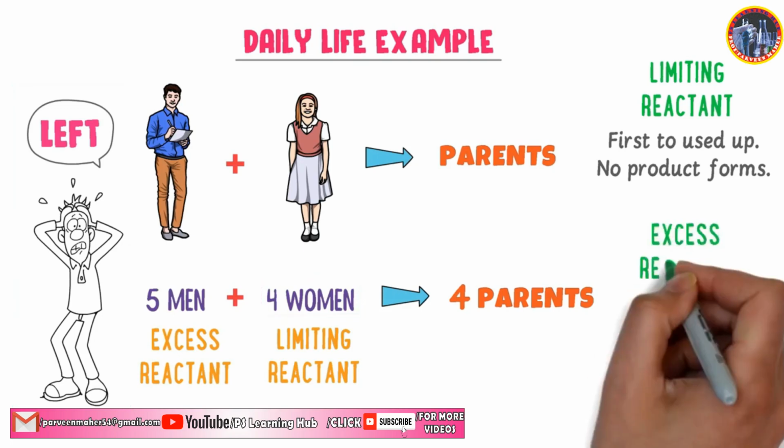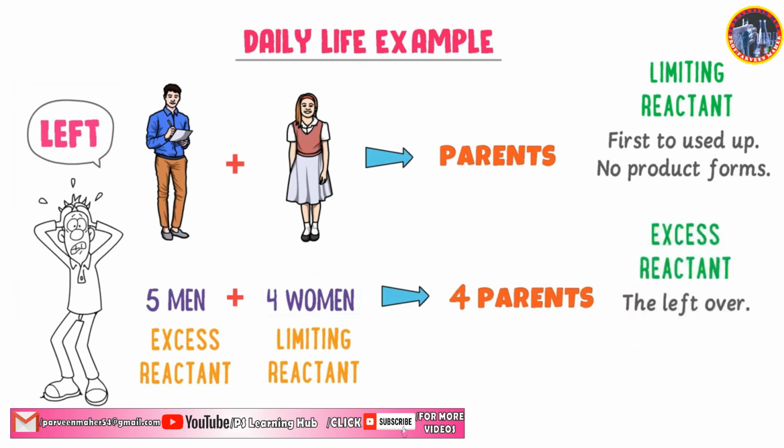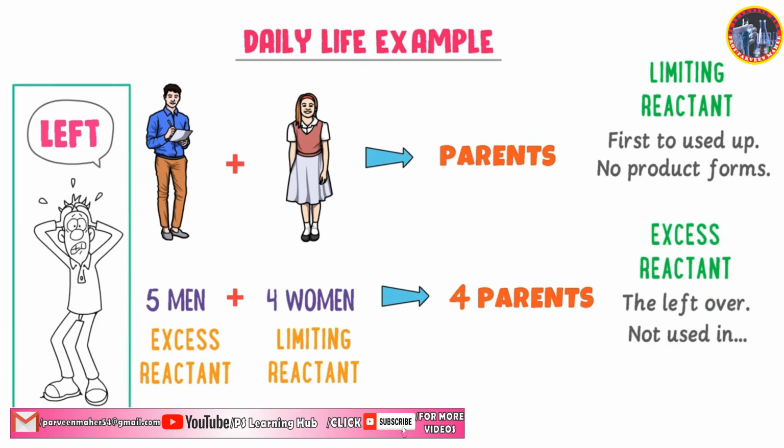While the excess reactant is the leftover reactant after the chemical reaction stops, or we can say that it is the unused reactant. For example, like this man is still waiting. Thus remember the concept of limiting reactant and excess reactant.